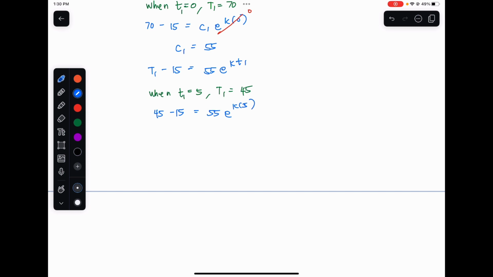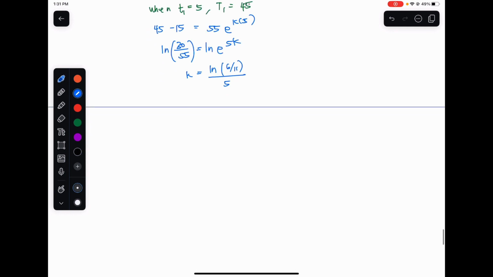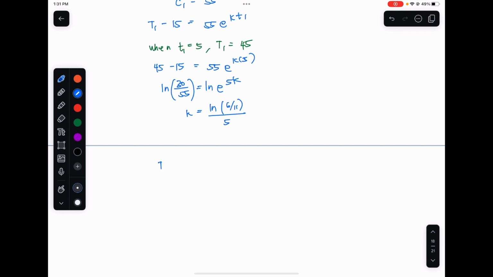So 30 over 55 is equal to e raised to 5K. We take ln of both sides, so K will be ln of 30 over 55, which is the same as 6 over 11, divided by 5.